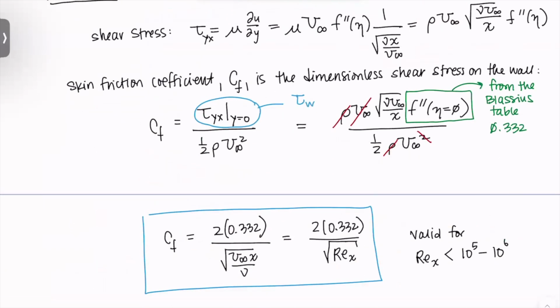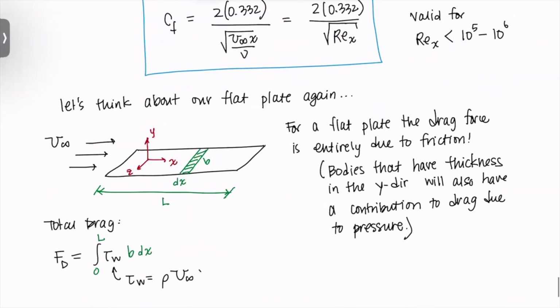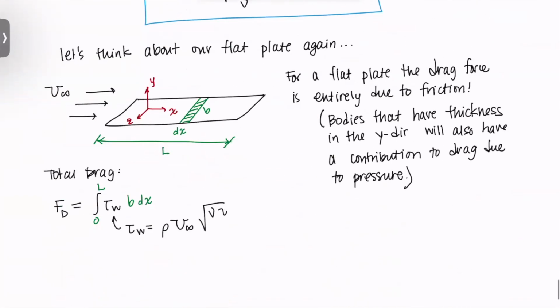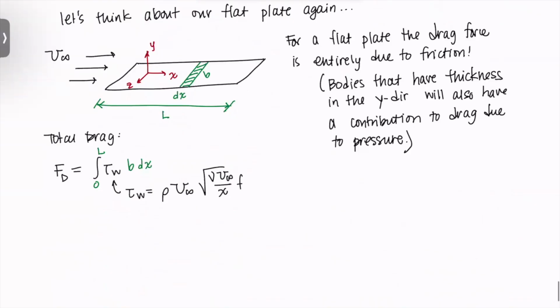So tau W is rho U infinity times the square root of nu U infinity over x times f double prime at eta equals 0, which we already know this is 0.332 from before.